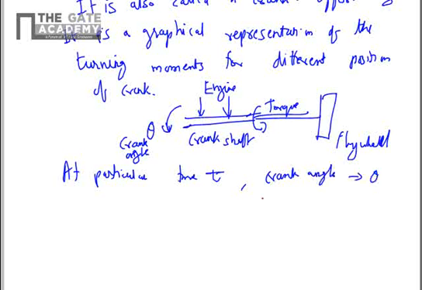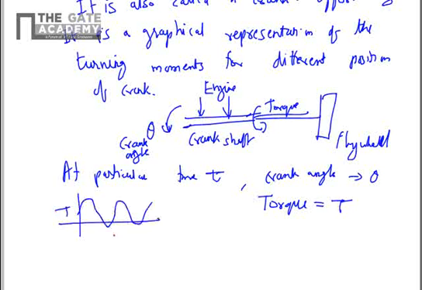At that time instant, the torque will also have some value, let's say T. So we will be considering the graphical representation of the variation of T with respect to theta. If we have this information, then we can go ahead with designing a flywheel, which we will cover in section 2 of this chapter.